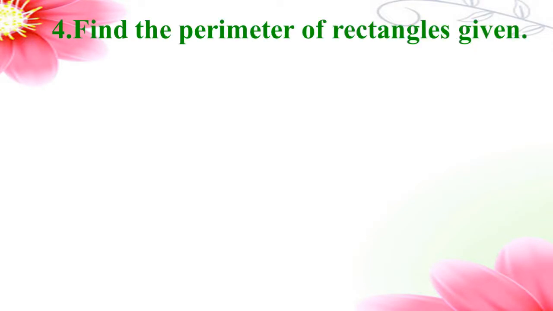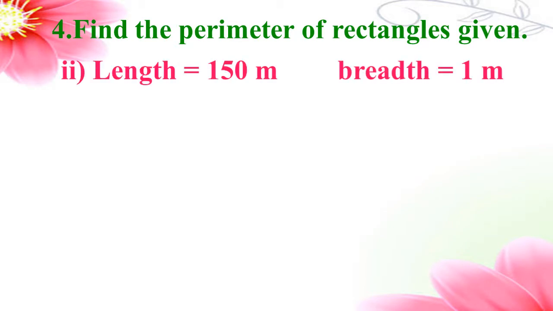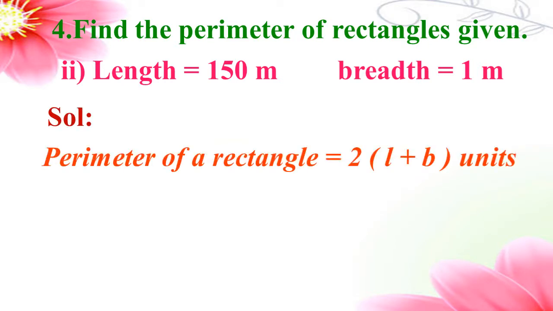Next, fourth problem. Find the perimeter of the rectangles given. The second sum, length equal to 150 meter, breadth equal to 1 meter. So we already know perimeter of a rectangle equal to 2 into L plus B units.